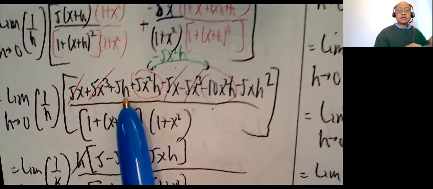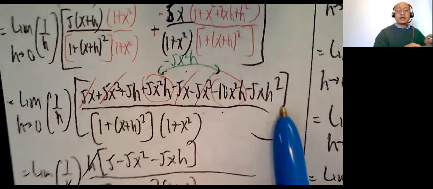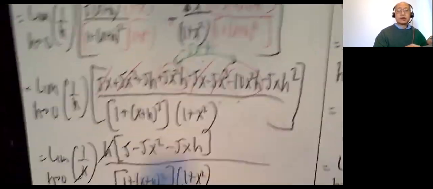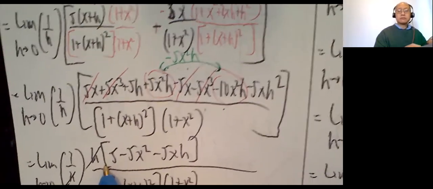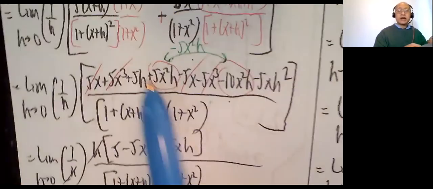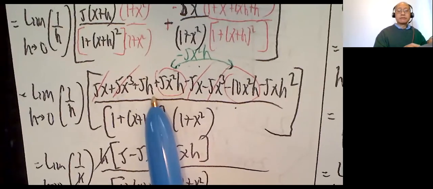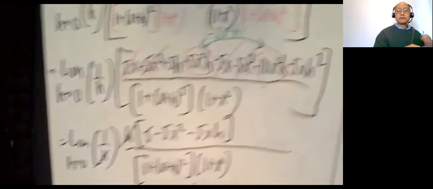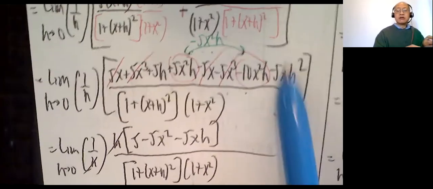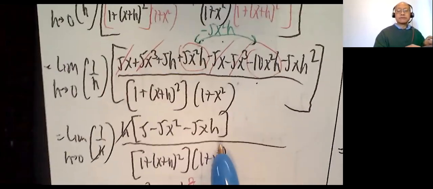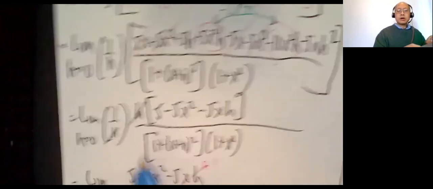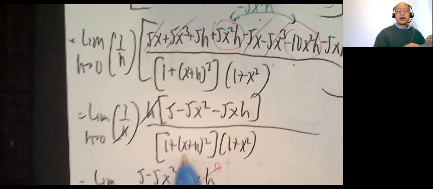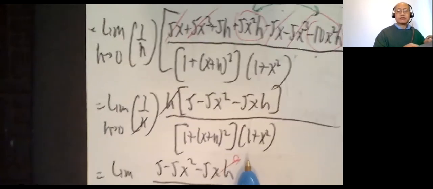Okay, so I have 5h, that stuff, and that stuff. They all have an h. So factor out the h. Take out the h from here, that's 5. Take out the h here, it's minus 5x squared. Take out the h here, it's negative 5xh. All over the denominator, which I'm not multiplying out: 1 plus x plus h squared times 1 plus x squared.